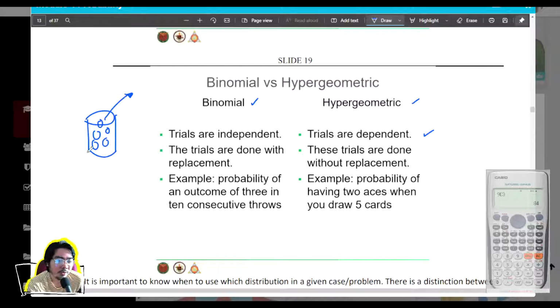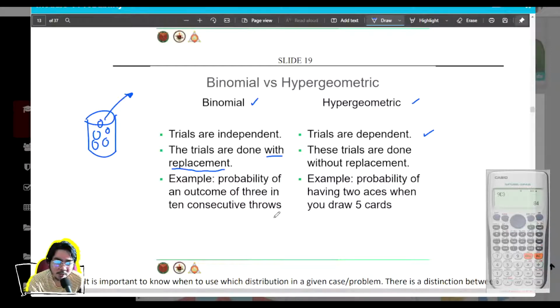So if I don't replace that, then I have a hypergeometric function because the trials are now dependent on each other. So siguro ang best way to imagine this is just think about the replacement. No? So are the trials done with replacement or are the trials done without replacement? Kung with replacement siya, then it's binomial. Without replacement, then it's hypergeometric.